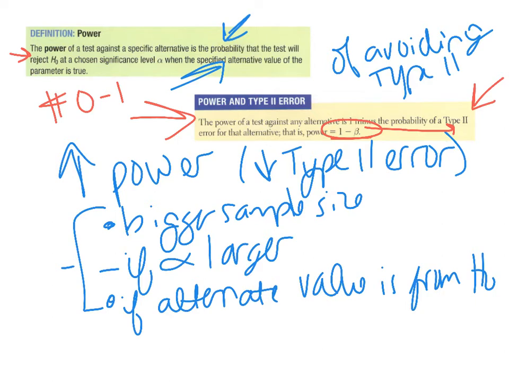The closer your power is to 1, the more likely the test is to reject the null hypothesis in favor of the alternative when the null hypothesis is false. So it's more likely to get it right, and less likely to make a type 2 error.